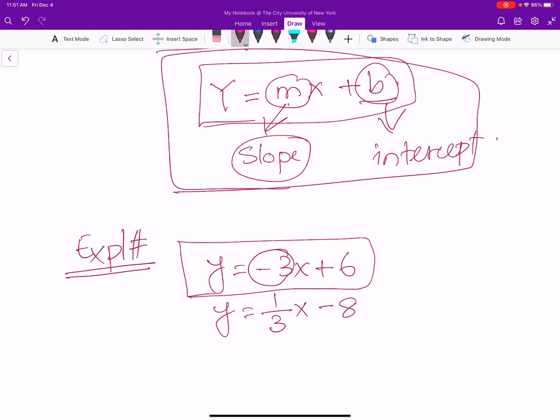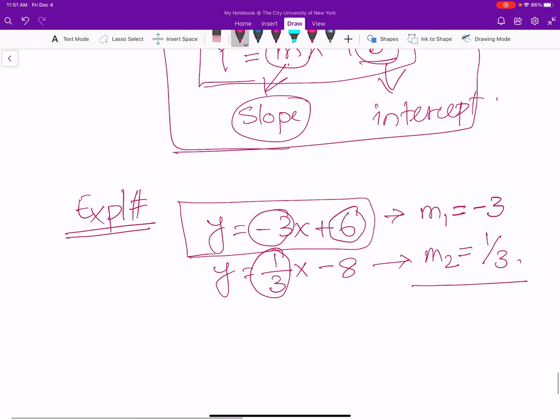This is your slope, this is your y-intercept. So for equation 1, the slope m1 is negative 3. And for this equation, m2 is 1/3.